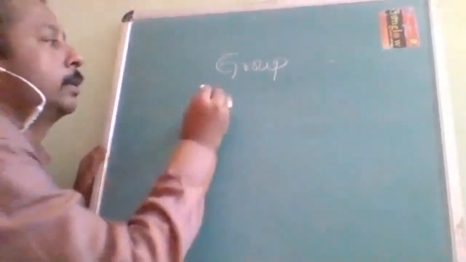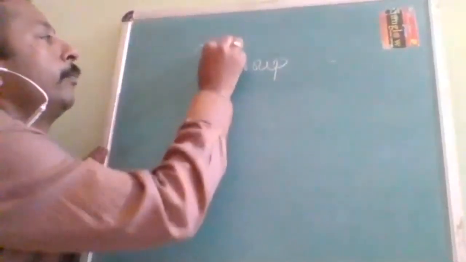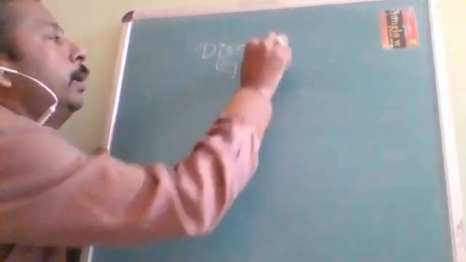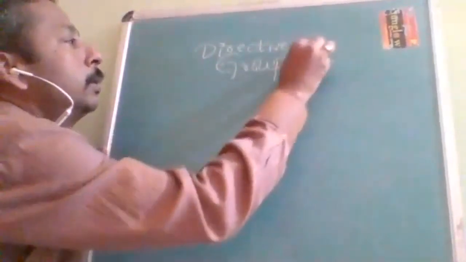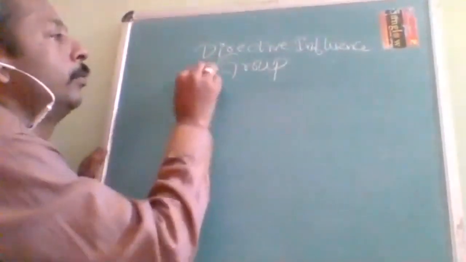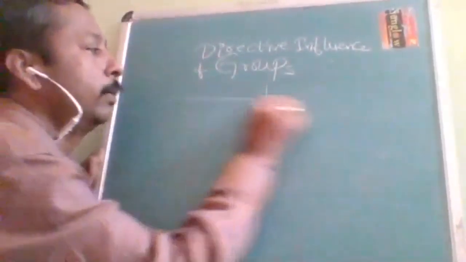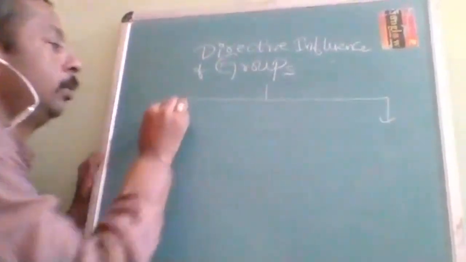Depending on the directive influence of groups, they are divided into two types.